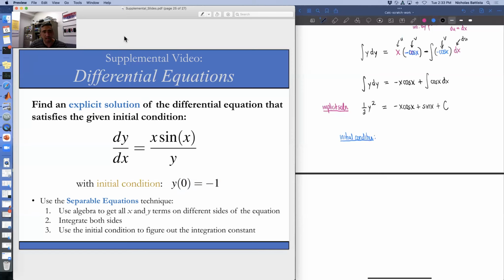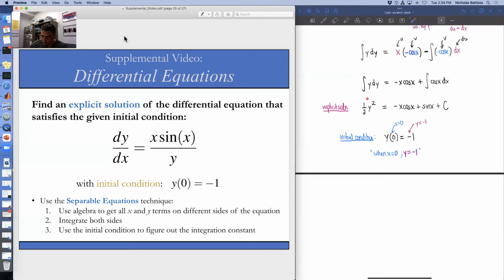The initial condition that we're given is that y of 0 is equal to -1. So again, what this reads as is when x equals 0, we're told that y is equal to -1.